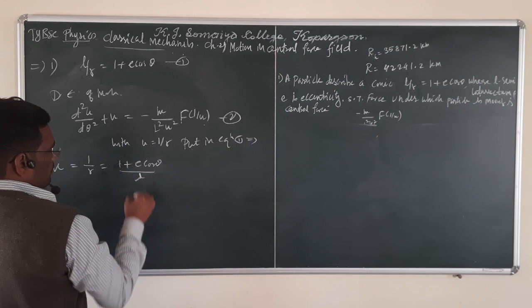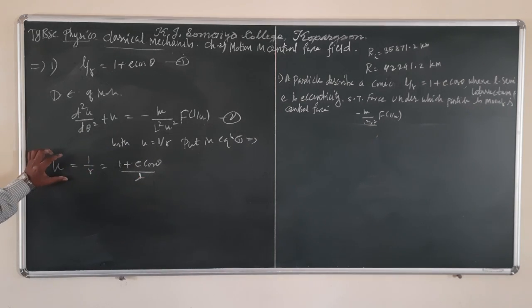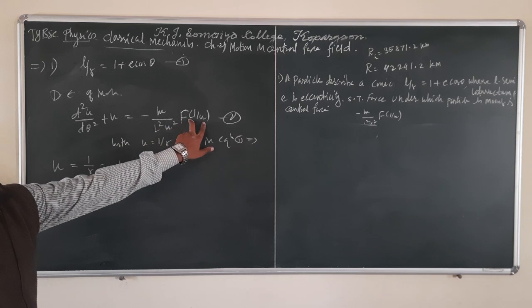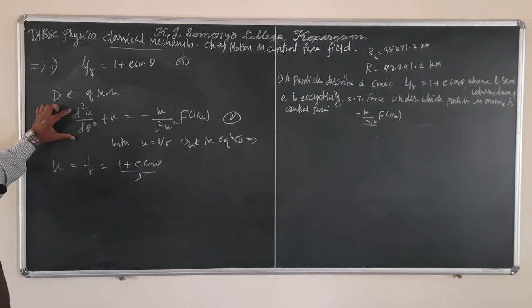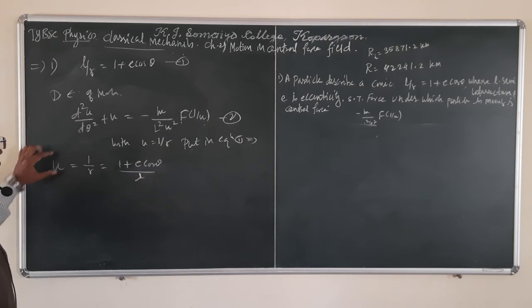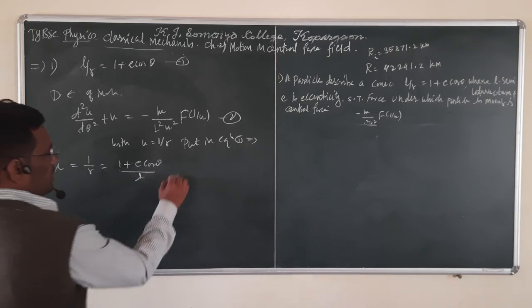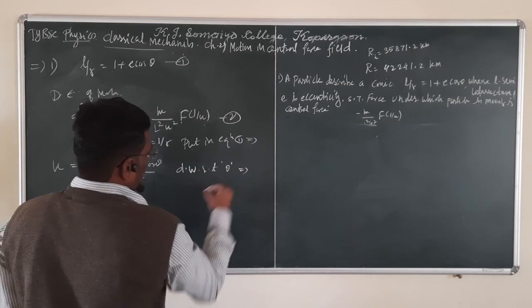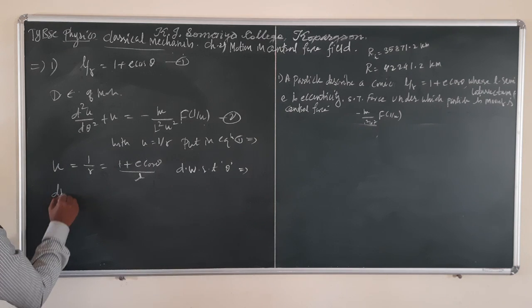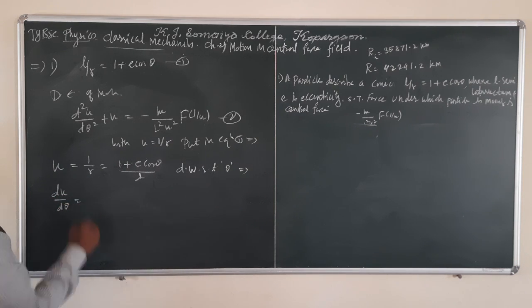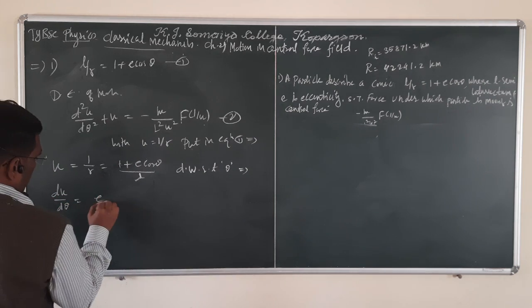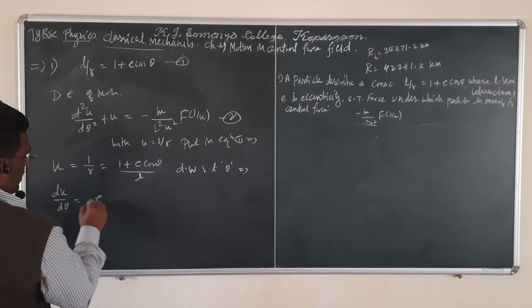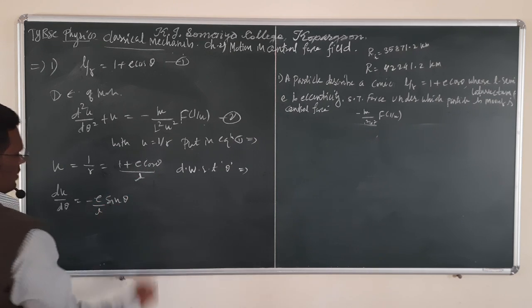Now we have to use this u in equation 2 and find out f of 1 over u. For that we must know the second order derivative of u. So differentiating with respect to theta, the first order derivative du by d theta is equal to e upon l times the derivative of cos theta, which is minus sin theta.